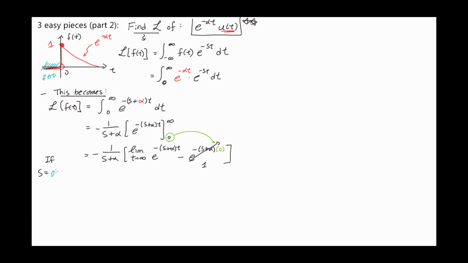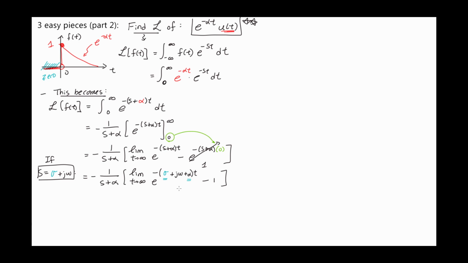So now, just like before, if s was a complex number, sigma plus j omega, we can rewrite the entire expression as the following. It's going to be the limit as t approaches infinity of e to the minus (sigma plus j omega plus alpha) t, minus 1.